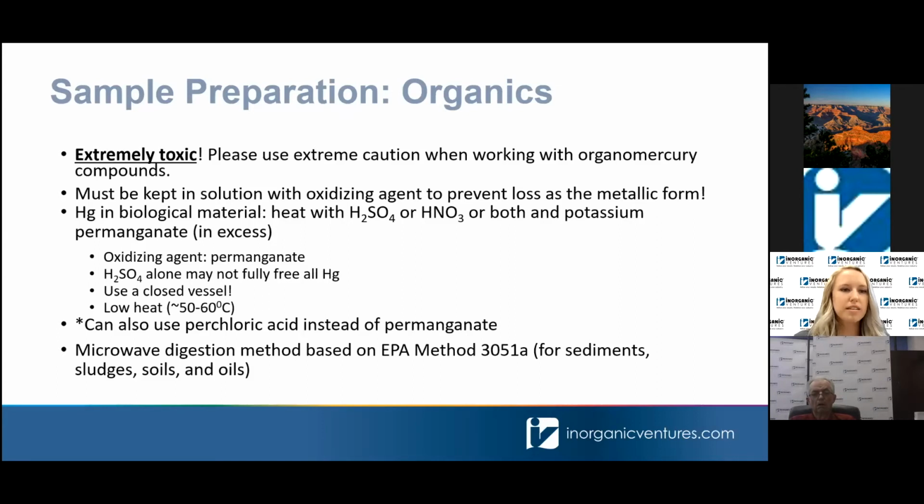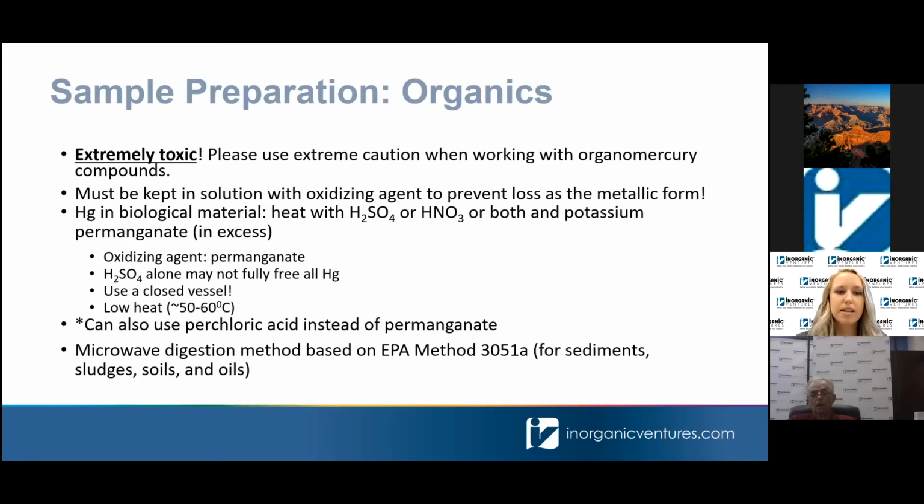So mercury needs to be kept in solution with an oxidizing agent. Otherwise, it will be reduced to the metallic form and lost from your sample. So generally for biological material, we recommend heating your sample with either sulfuric acid alone or a combination of sulfuric acid and nitric acid, along with an excess of potassium permanganate.